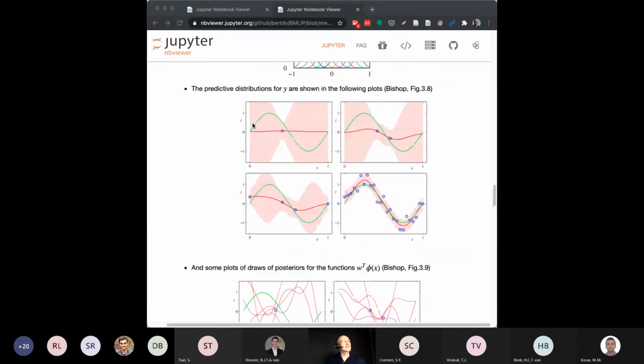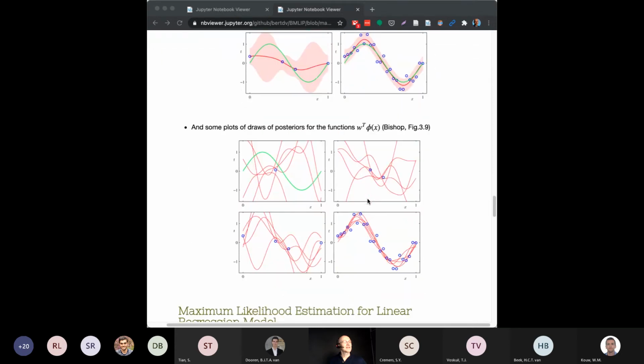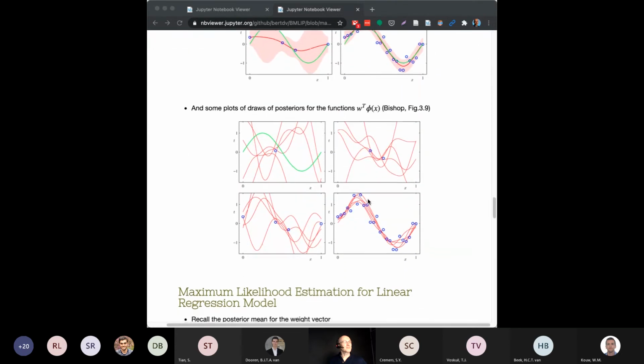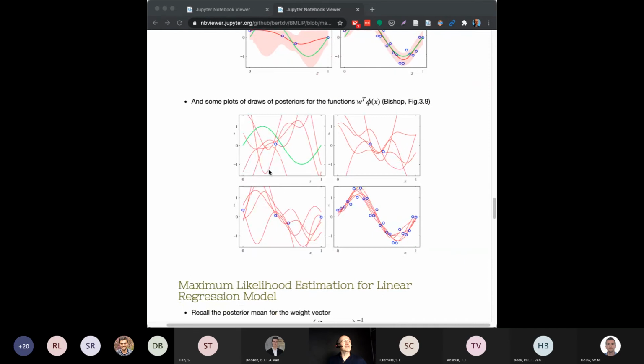You see here that if you have few data points, your model is much more certain about, let's say, the predictive value for Y than in areas where you have no data. That makes total sense, and I think that's why these cylinders look nice. This is also nice, depending on how many data points you've seen.